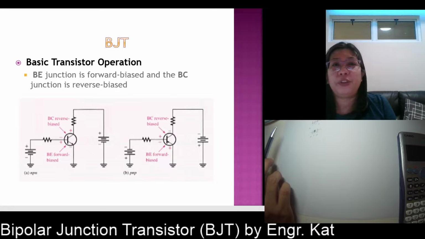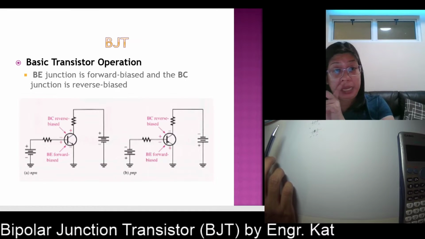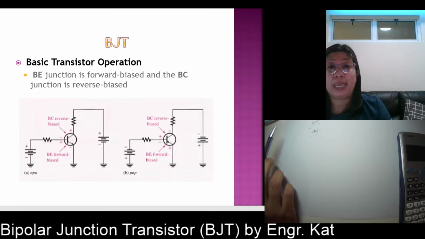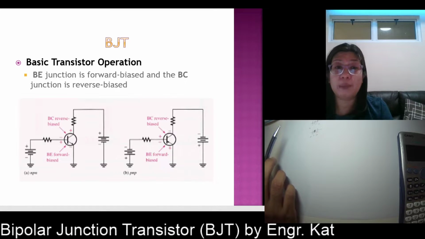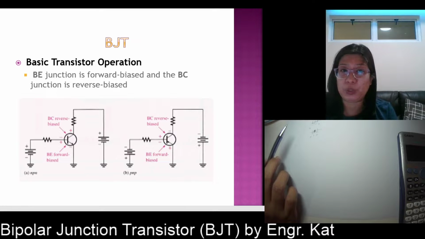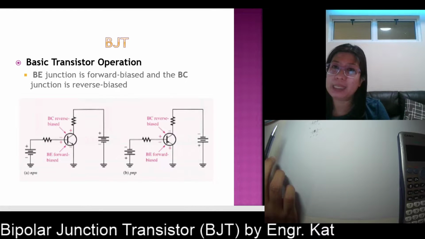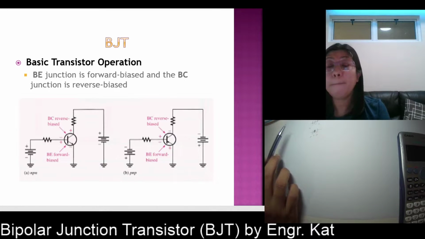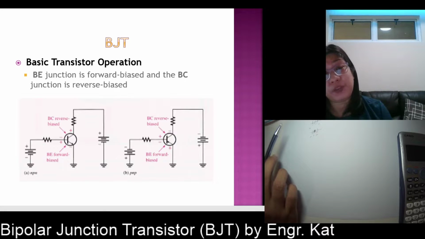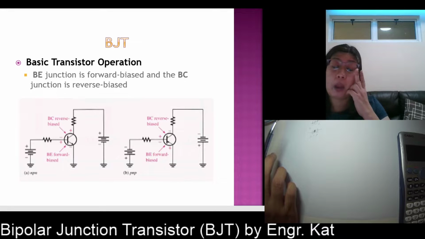So here is the important transistor operation: the base emitter junction must be forward biased and the base collector junction must be reverse biased. What do we mean by forward biased? Again, just as a review, when we say forward biased, we connect the P-type material to the positive terminal and the N-type material to the negative terminal. When we say reverse bias, we just reverse the polarity.